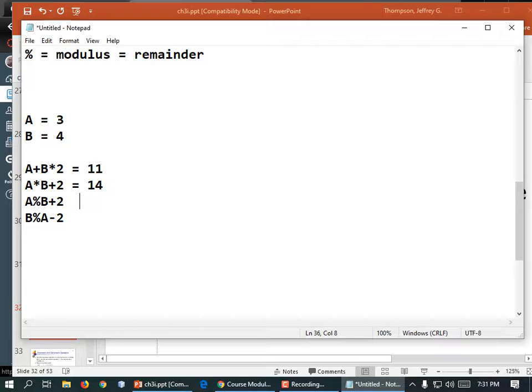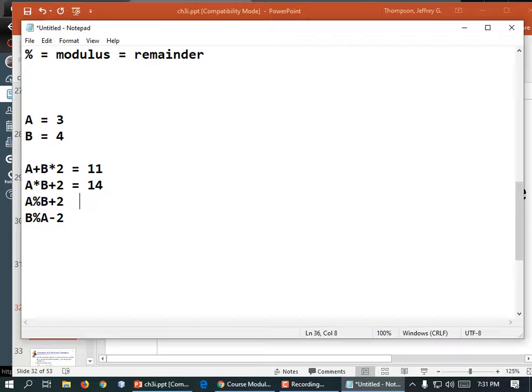Because the whole thing was left over. Because if you have 4 mod 4, that's a 0. 5 mod 4, that's a 1. 6 mod 4, that's a 2. 7 mod 4 is 3. 8 mod 4 is back to 0. And here we had 3 mod 4. So 3 mod 4, 4 goes into 3 0 times with a remainder of 3.